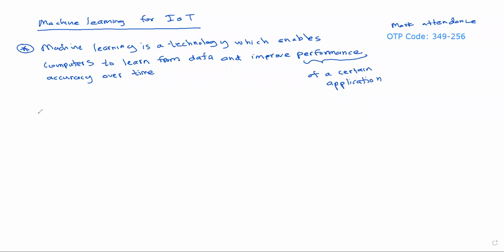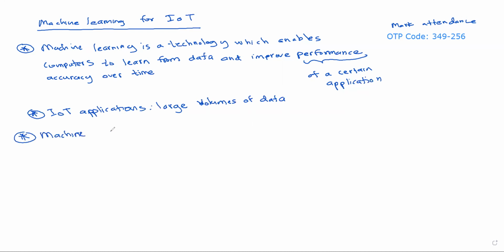Once we talk about IoT applications, we have large volumes of data getting collected. So this is actually a good feature because machine learning requires a lot of data to make predictions.